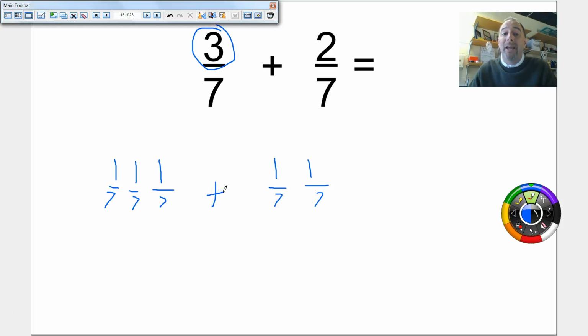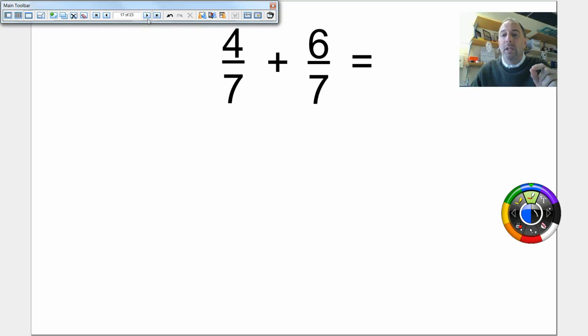Well, now I add them together. 1, 2, 3, 4, 5. 5 sevenths. And I know what you're thinking, Mom and Dad, but we could have just added them. Yes, we could have. And at this stage, it's pretty simple. However, at this stage, this actually will save us the next step, which is converting it from an improper fraction to a proper fraction, or to a mixed number, excuse me.